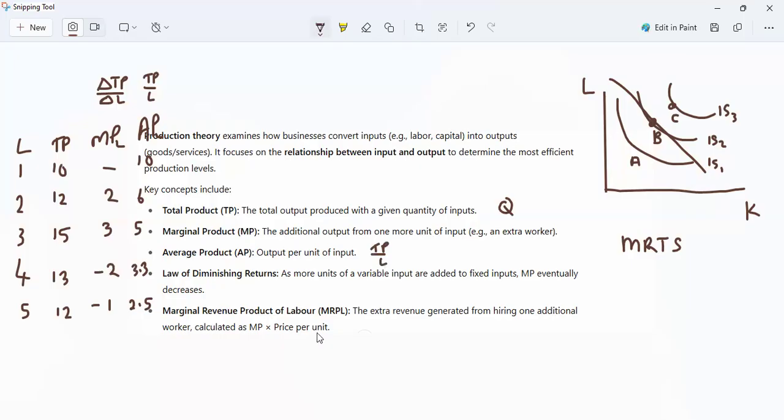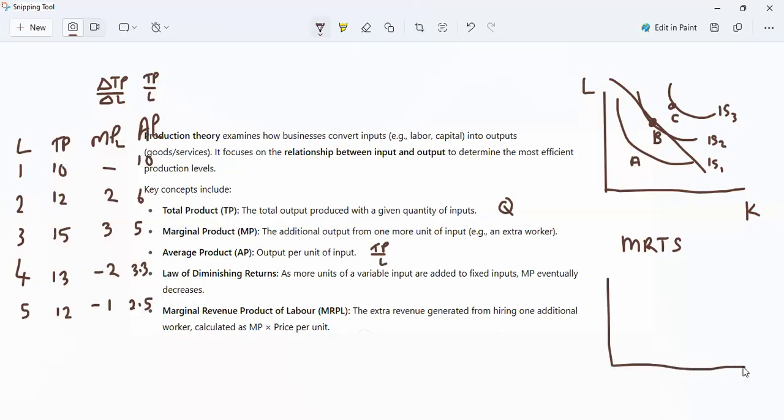Now, production follows a law of diminishing returns, which simply assumes that as more units of one variable are added to a fixed input, the marginal product will eventually decrease. So this is called the law of diminishing returns.